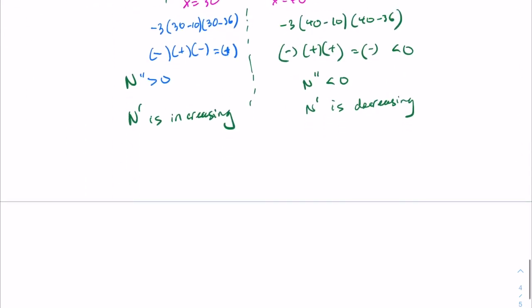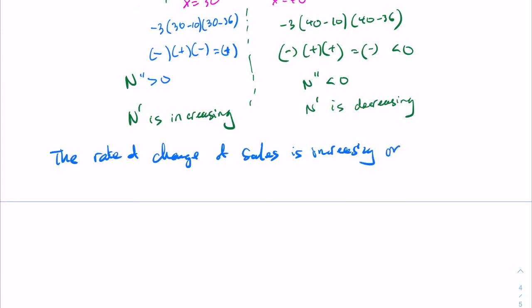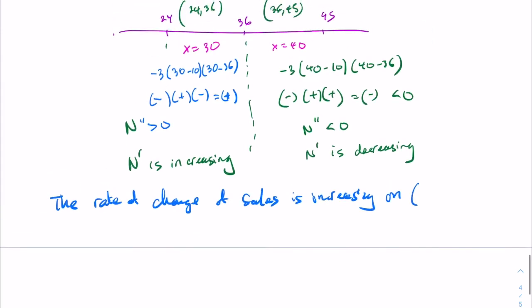So we can say that the rate of change of sales is increasing on the interval from 24 to 36, that is 24,000 to 36,000 dollars spent on advertising, and then decreasing after that, from 36 to 45. Okay.